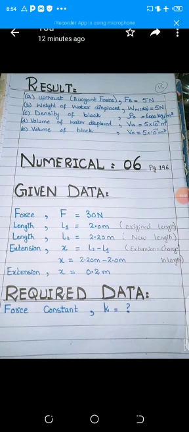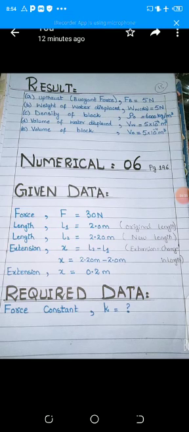So the given data is force is 30 Newton, length L1 is 2.0 meter, its original length, and when you change that, a new length comes, L2 equals 2.20 meter. Extension X equals L2 minus L1, which is 2.20 meter minus 2.0 meter, and the extension X value comes to 0.2 meter.